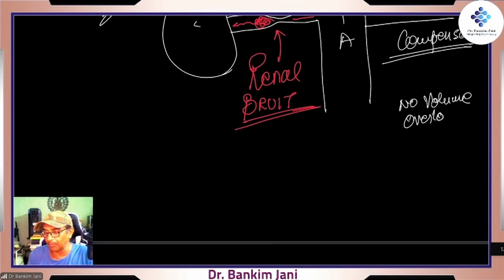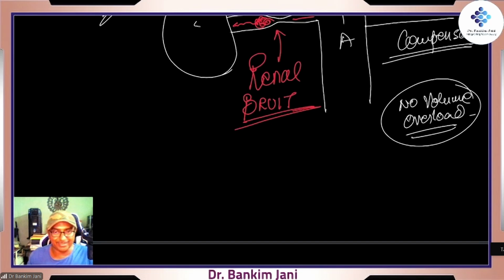Blood pressure will be higher, but fluid overload, pitting edema, and rales will not occur. So two important things we learned today: when there is increased blood pressure but no other signs or symptoms, it could be because of renal artery stenosis, or because of primary aldosteronism. That's why proper follow-up is so important for such cases.